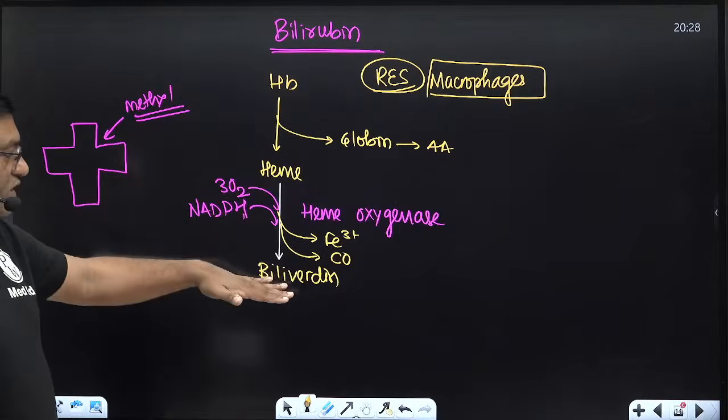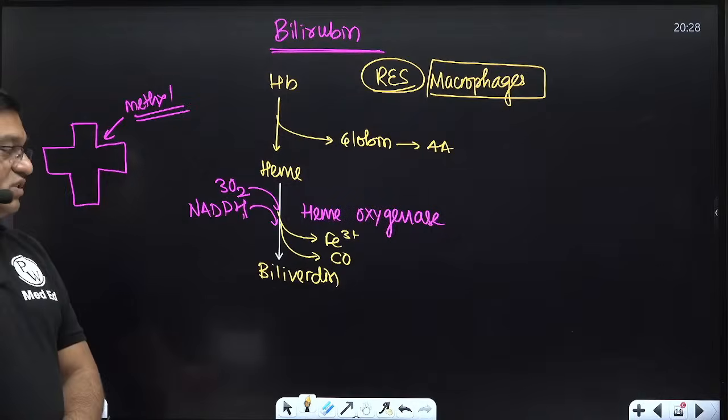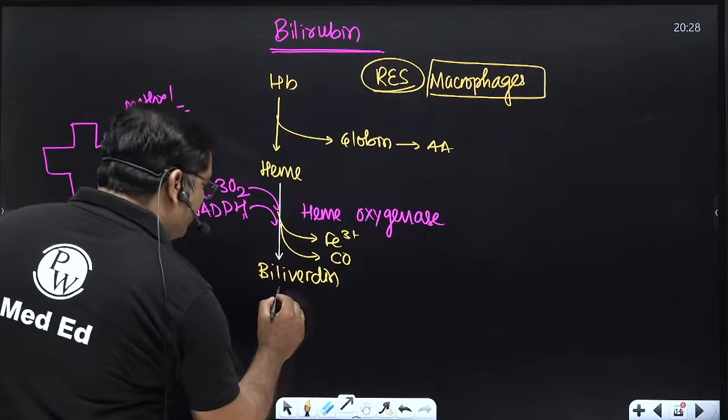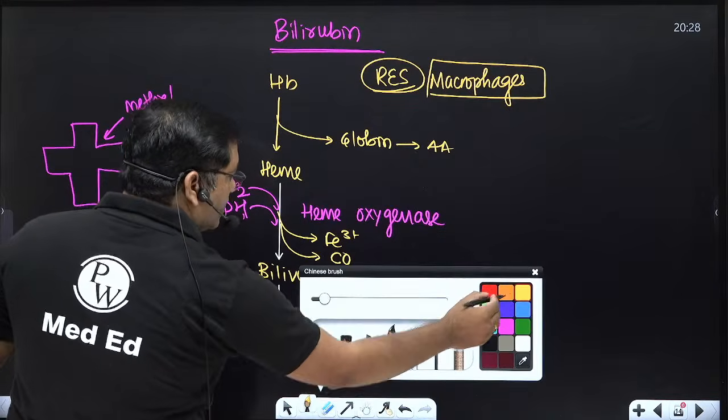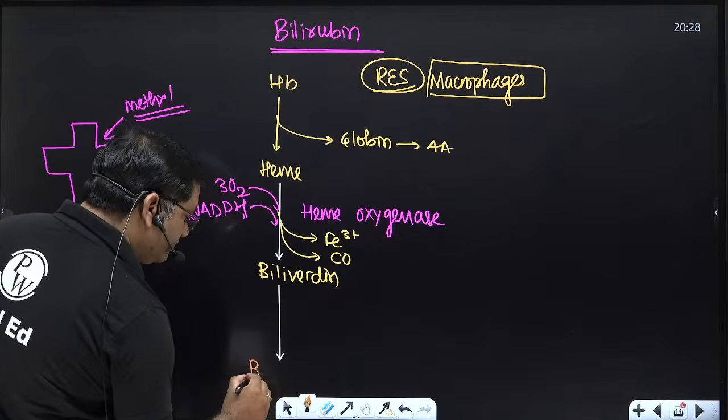So heme is converted into biliverdin with the help of the heme oxygenase enzyme, and this biliverdin is converted into the yellow orange colored pigment, that is bilirubin.